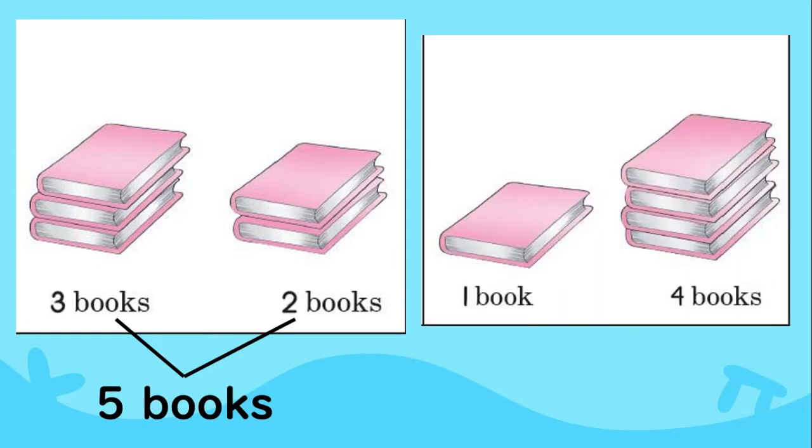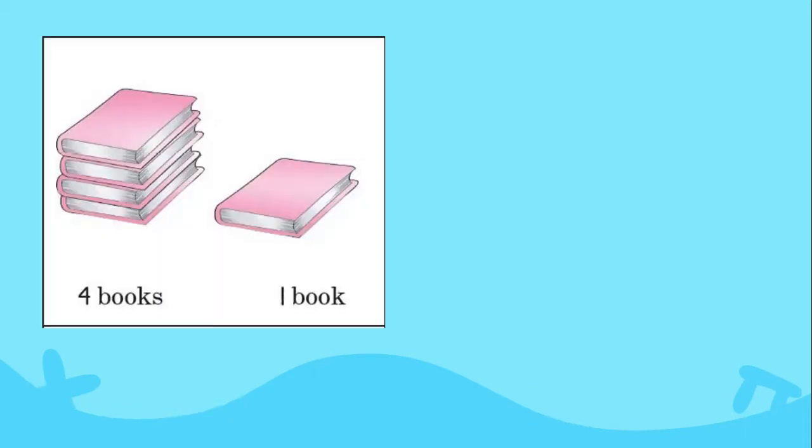And he can also have it with 1 book and the other pile will be 4 books. So if you're going to combine these, you will have 5 books still, okay? And he can also have it 4 books and 1 book, okay?